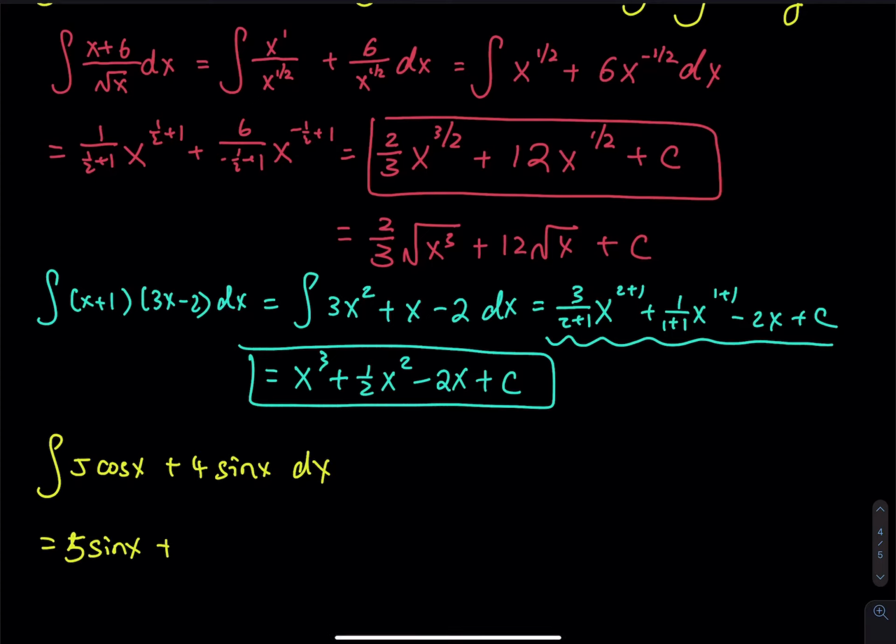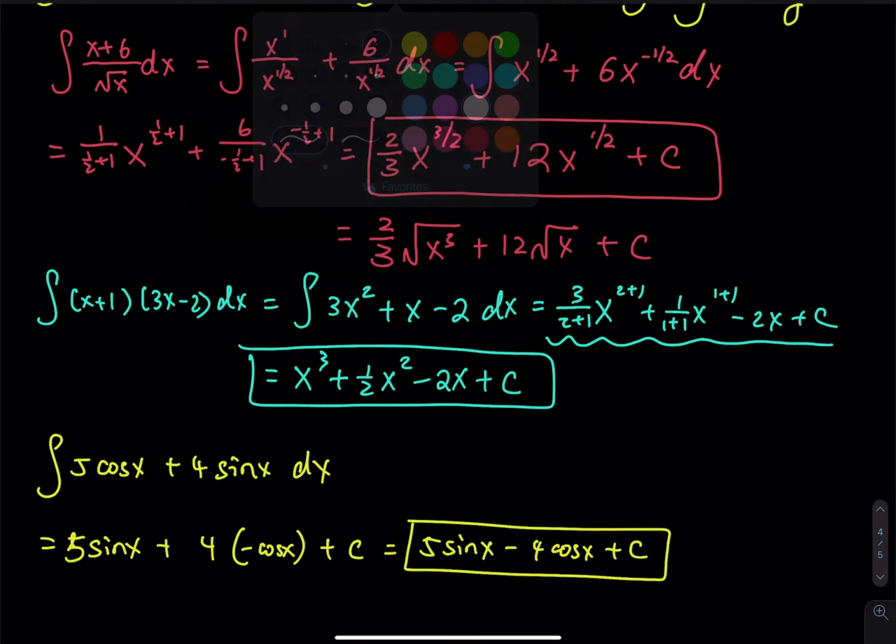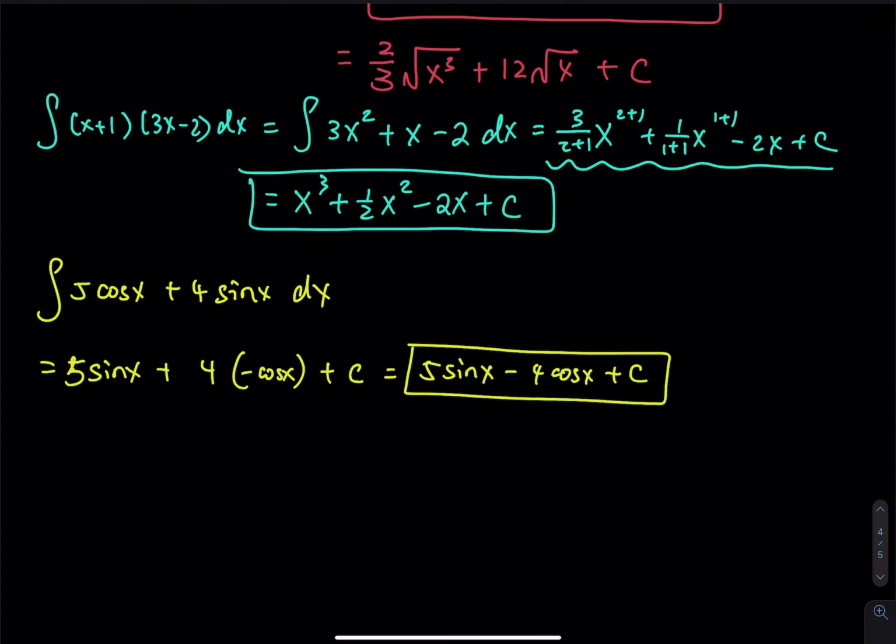The integral of sine is negative cosine, so we have negative cosine x. The 4, don't touch the 4, plus c. So you have 5 sine x minus 4 cosine x plus c. So that is the general solution.